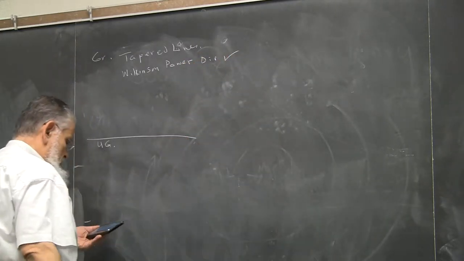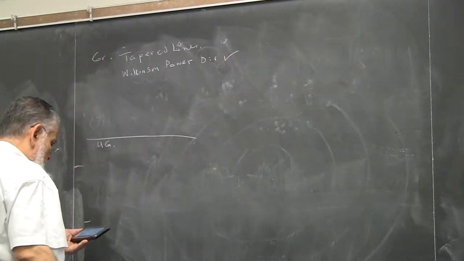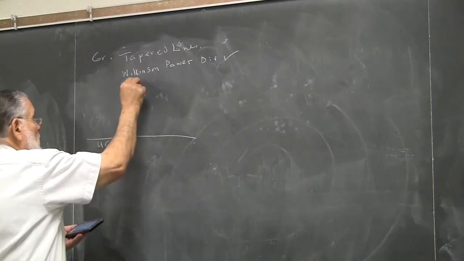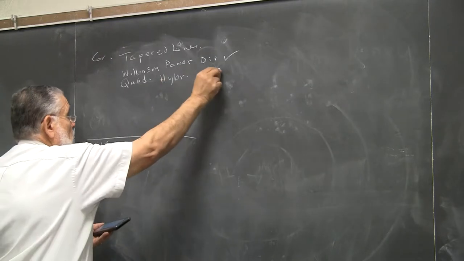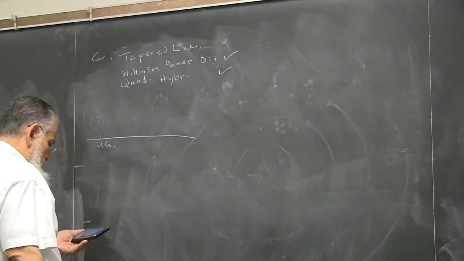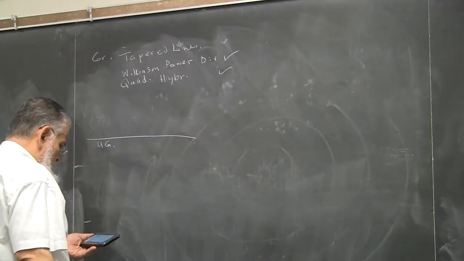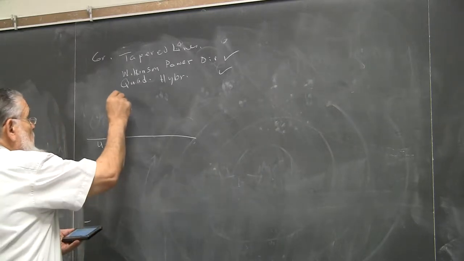That is chosen. Quadrature hybrid. Looks like we have people for that. Line coupler is not chosen.